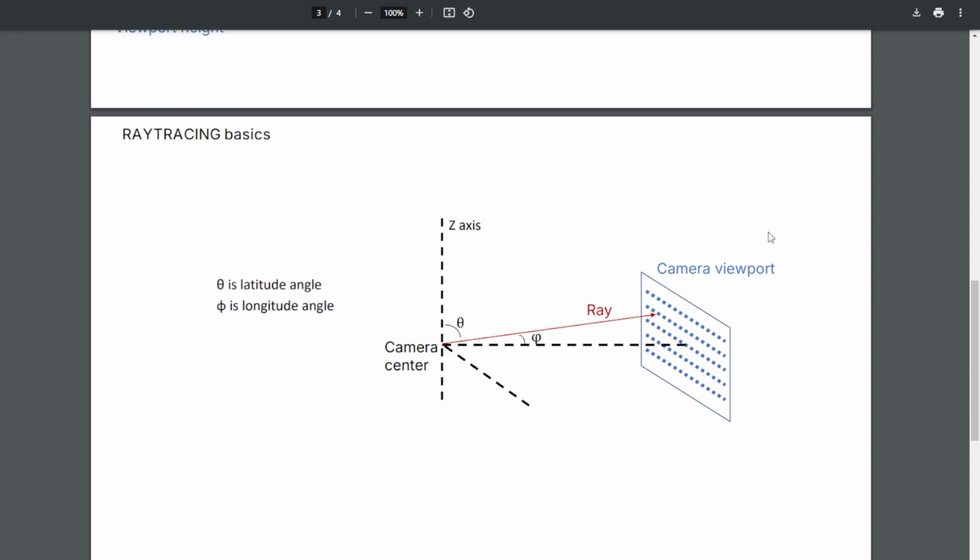If it collides with a green object, then this pixel will be green. If it collides with a reflective object, then the ray will maybe collide with another object later, and so on and so forth. And looking at what this ray collides with, then we can infer what the color of this object is, how bright it is, and so on.